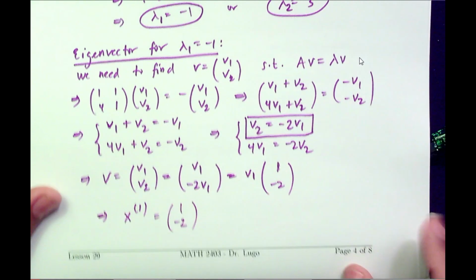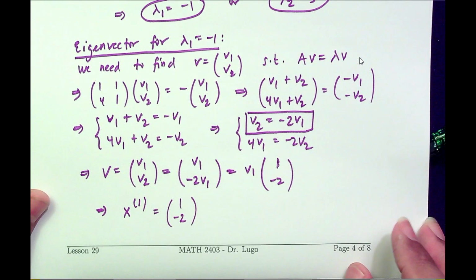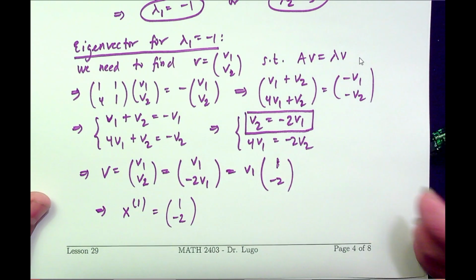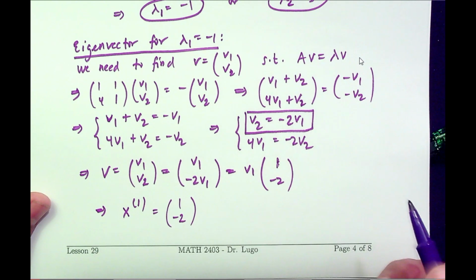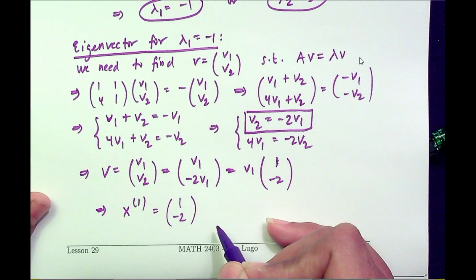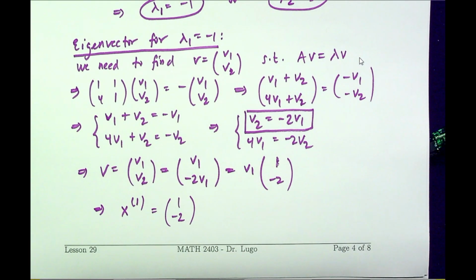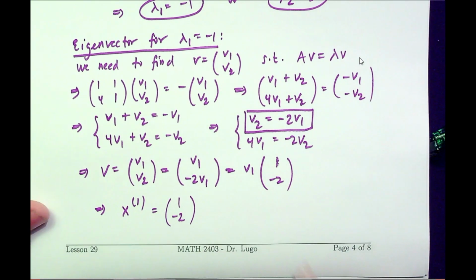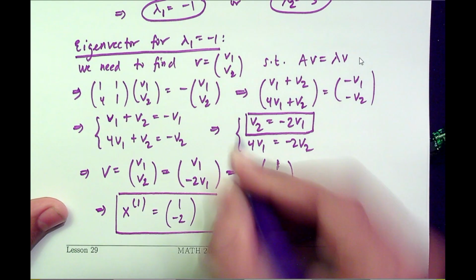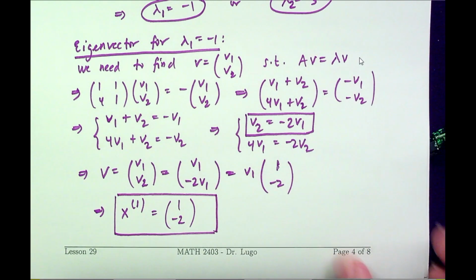Remember that any multiple of this also works. This is just kind of the simplest. Particularly if you multiply this by negative 1, you could have also used negative 1, 2. That also works. Any multiple that is not 0 works. So that gives us the corresponding vector for lambda 1. And now we find the eigenvector for lambda 2.